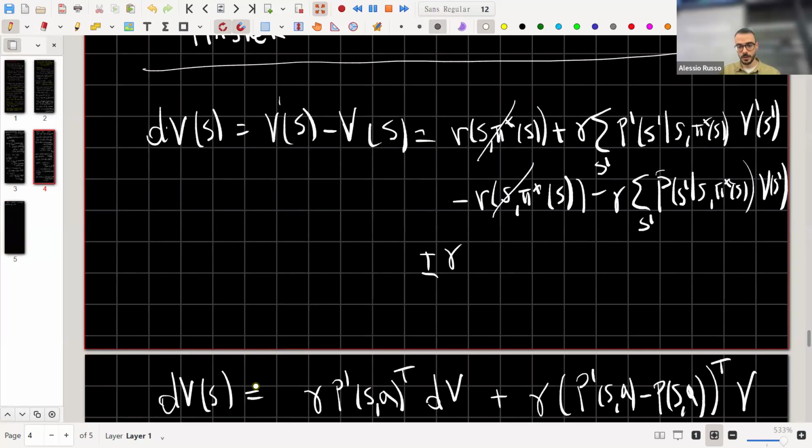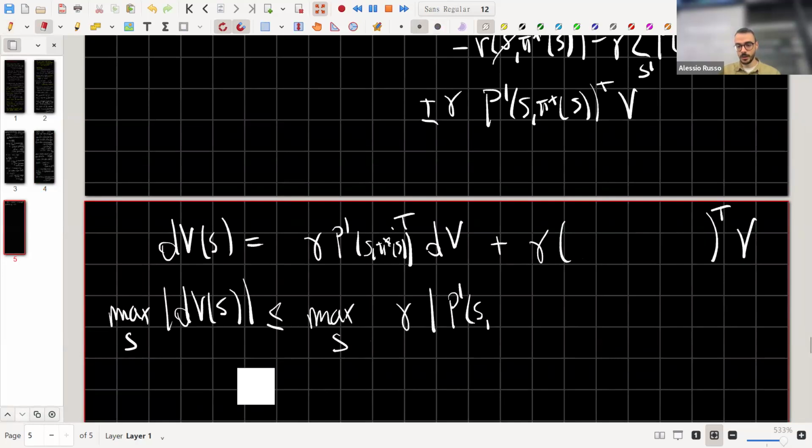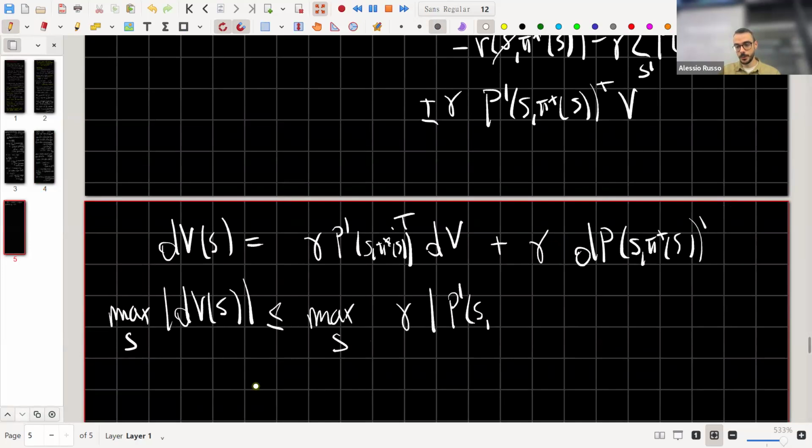The same here, P prime S pi star of S transpose V. So also here we have S pi star of S transpose, and here we can also write P S pi star of S transpose V. So when we are taking the maximum over S, it is also taking into account the action.